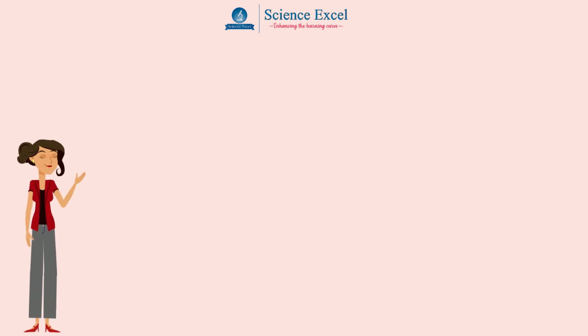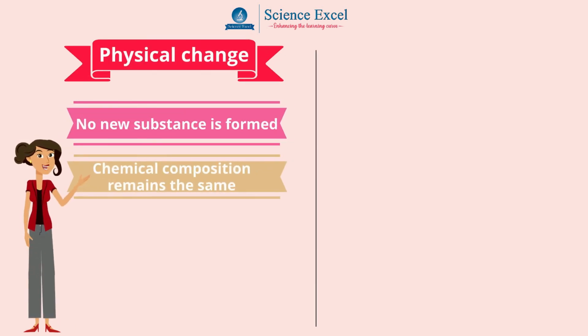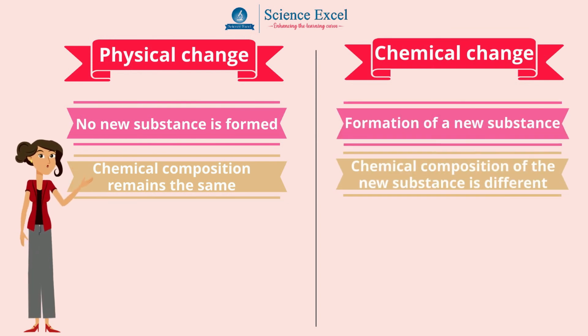Now let's take a quick recap. In a physical change, no new substance is formed and the chemical composition of the substance remains the same. Whereas, in a chemical change, a new substance with an entirely different chemical composition and property is formed.